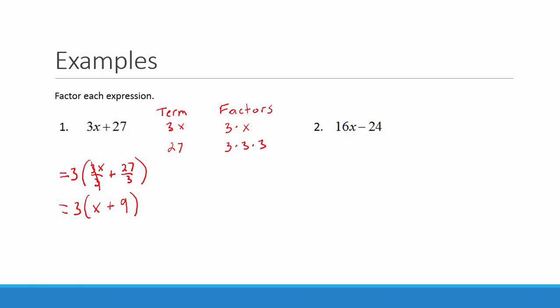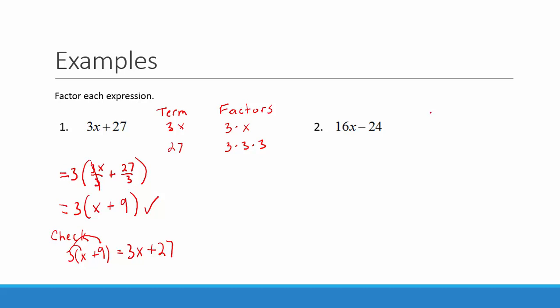We can check to make sure that we did this correctly by distributing the 3 through the parentheses. Three times x is equal to 3x, and 3 times 9 is equal to 27. So this is the factored form of 3x plus 27.